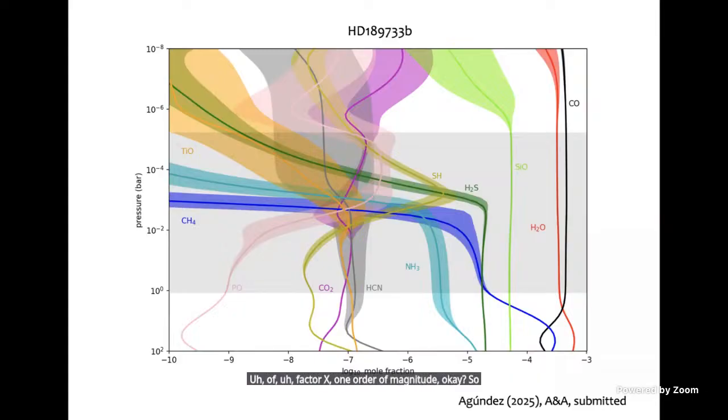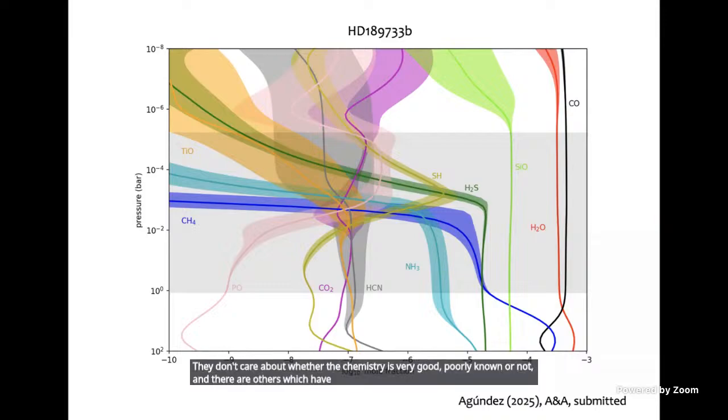Okay, so this is all, again, very molecule dependent. There are molecules for which they don't care about whether the chemistry is very good, poorly known or not. And there are others which have very, very uncertain values. Okay.